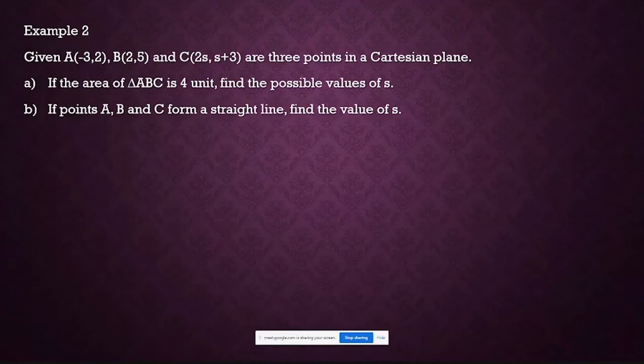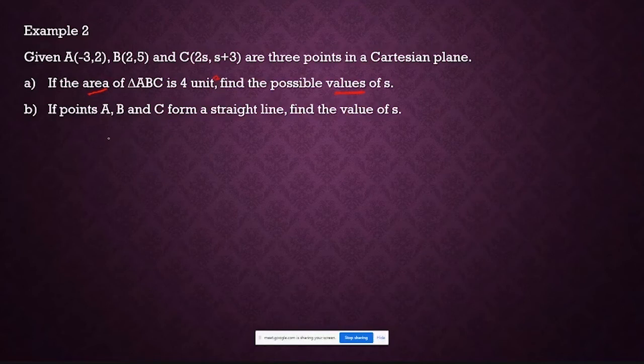If the area of triangle ABC is 4 units squared, find the possible values of s. Since it asks for possible values, you may have more than one value of s, so maybe you have two answers.